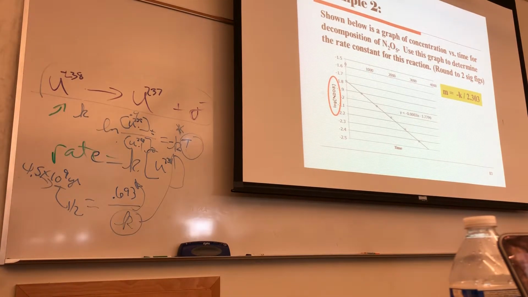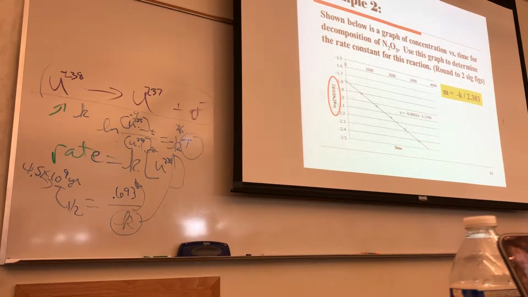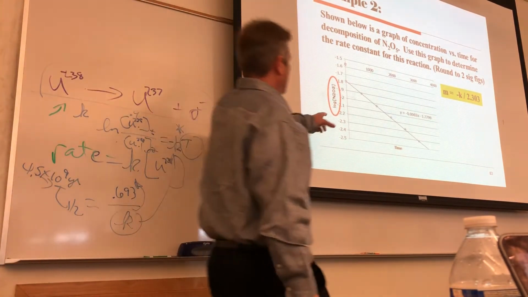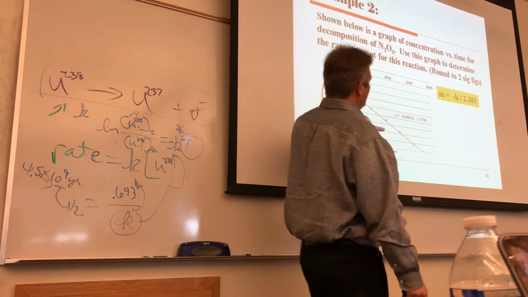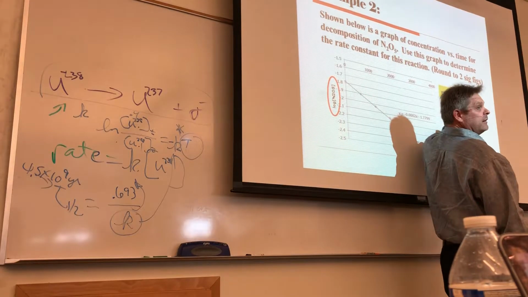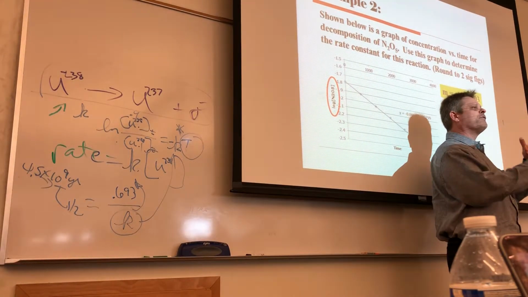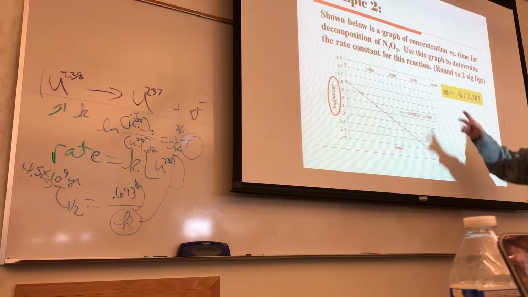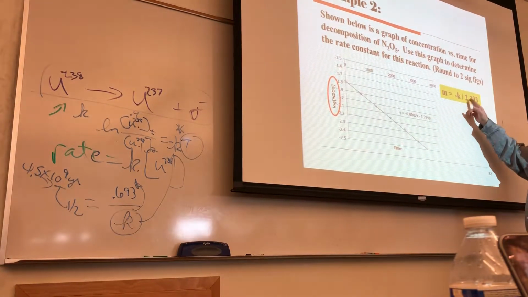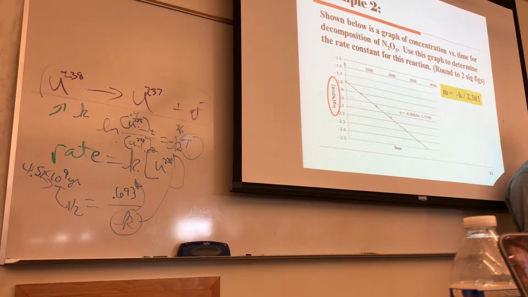If you have on the y-axis log to the base 10 as opposed to the natural log, ln, what would the slope be? Negative k. But because it's log to the base 10, I have to convert that to the natural log because of the equation. So you just divide by 2.303. That's it.